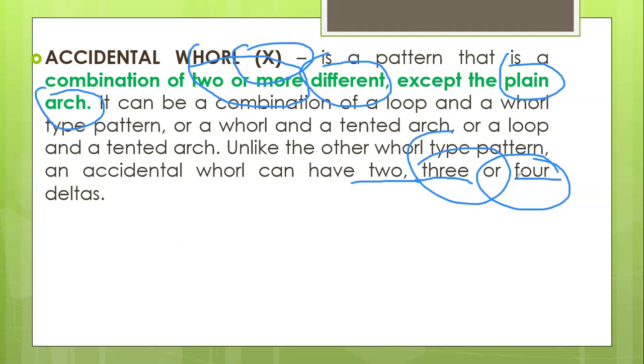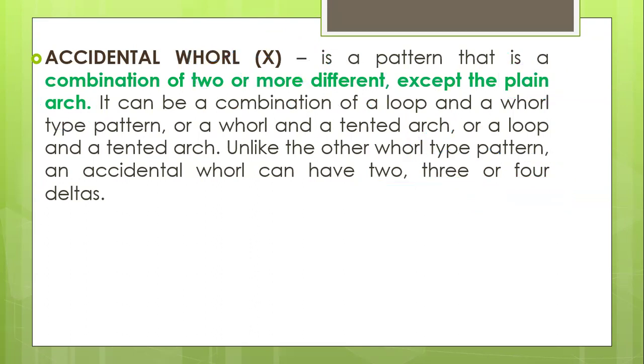Aside from having a combination of two or more patterns, it can have 2, 3 or more deltas. That is an accidental whorl, which is represented by X. Okay? Is that clear? Let's proceed.